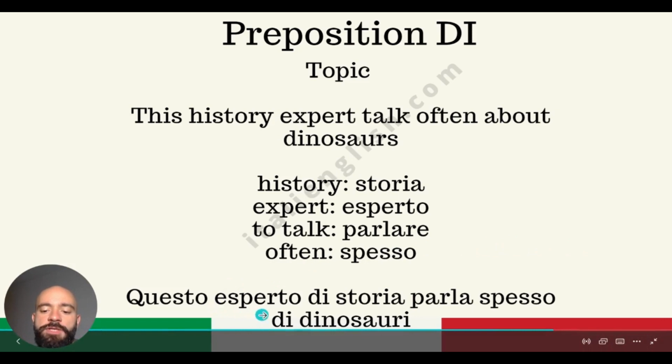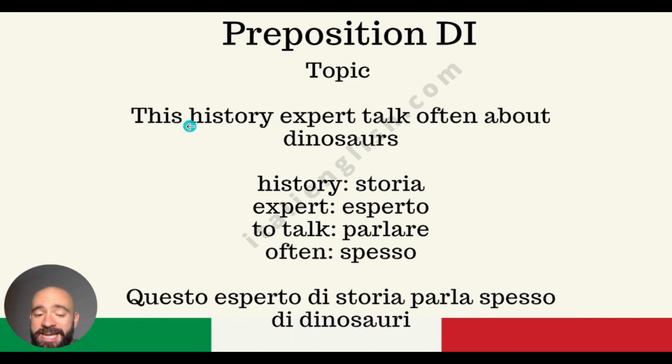Questo esperto di storia parla spesso di dinosauri. Okay, so in this case, we have two topic scenarios. We have this one, history expert, the one with nothing in the middle, where the topic is straightforward, immediately connected to the noun, clarifying the expertise of this expert.